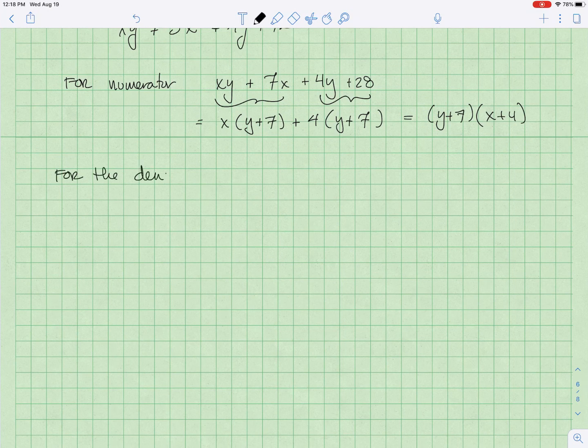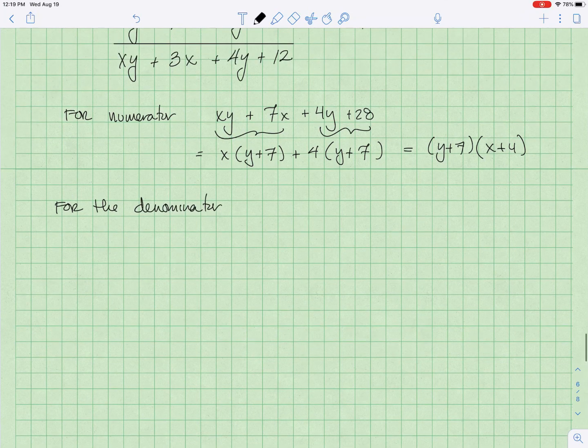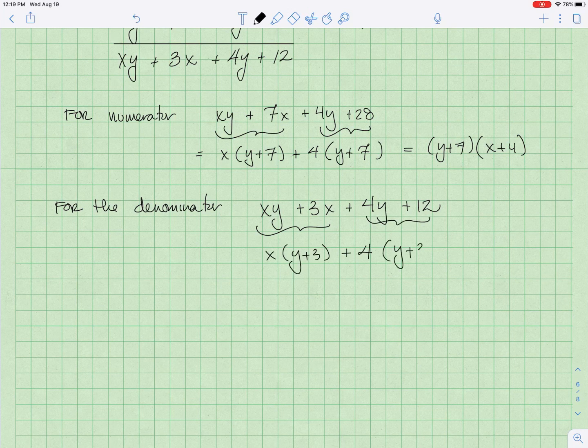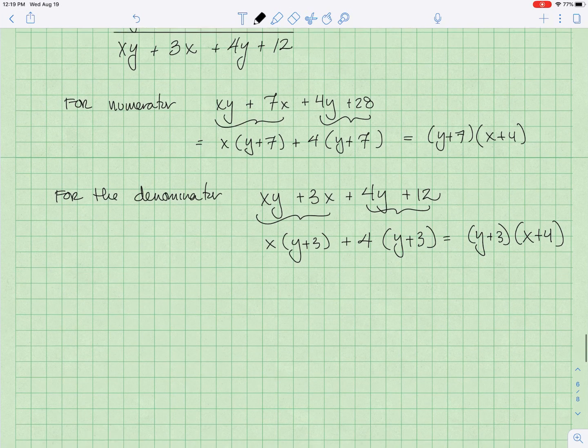For the denominator, we have, let's see, xy plus 3x plus 4y plus 12. We can group the first 2, and we can pull out an x, and we get y plus 3. We can group the second 2, and we can pull out a 4, and we also get y plus 3. And now that's equal to a common factor of y plus 3, with the leftovers x plus 4.